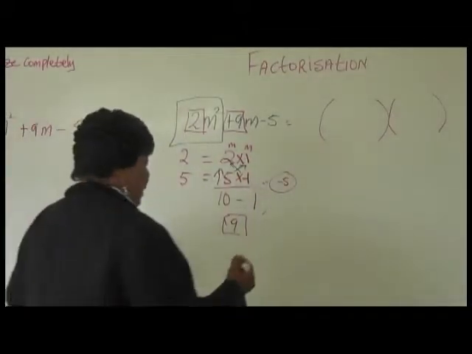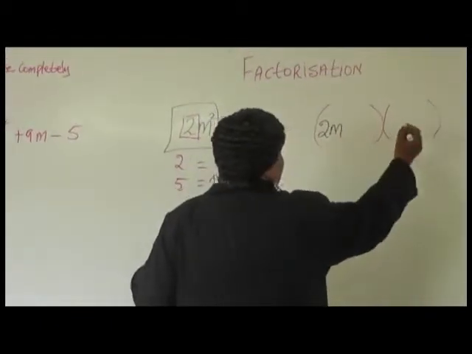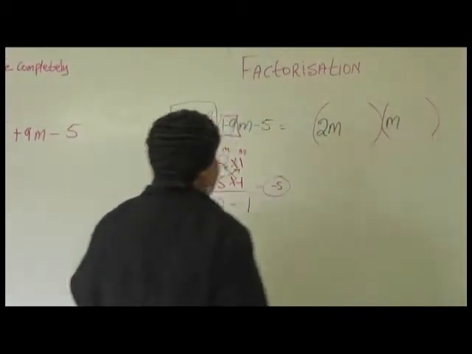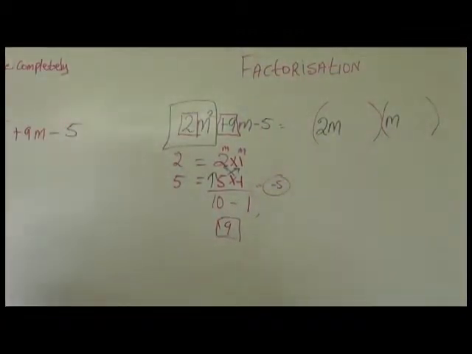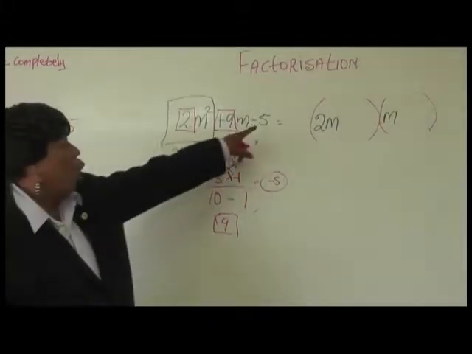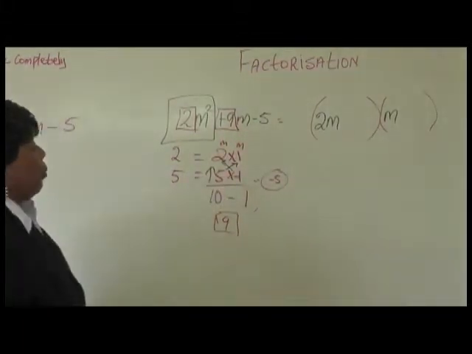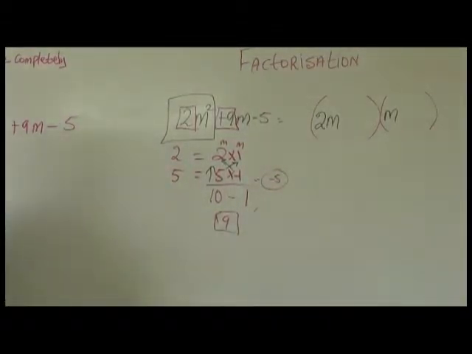So we write for the first term 2m, and over here it is just m, because we know it's 1m. Now we need to put in the factors from our constant term, which are 5 and negative 1.